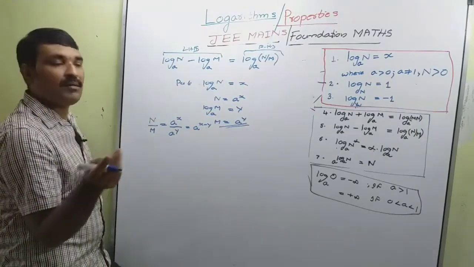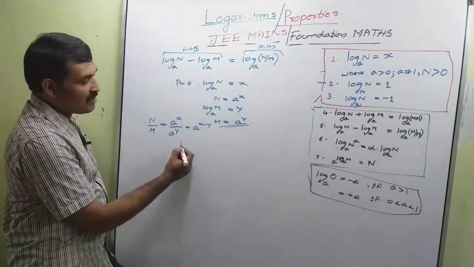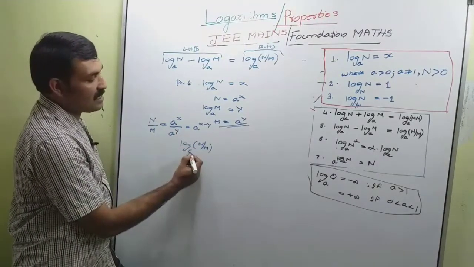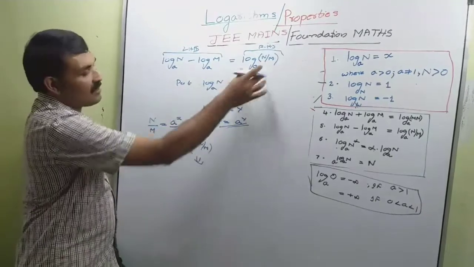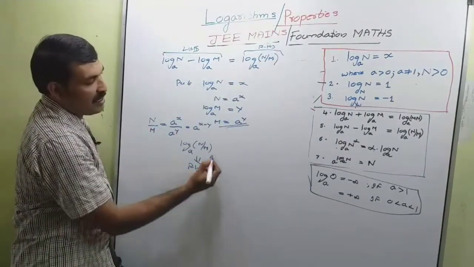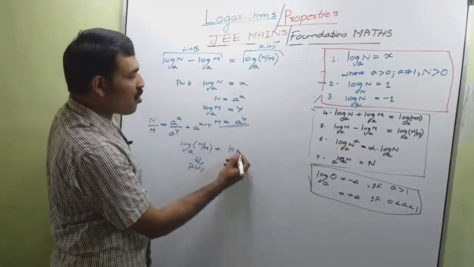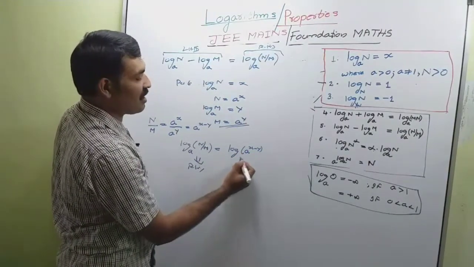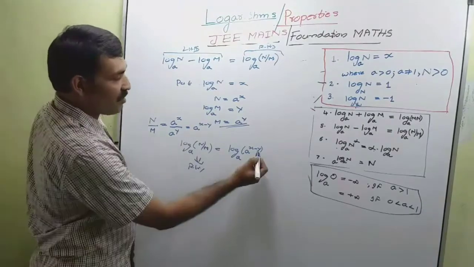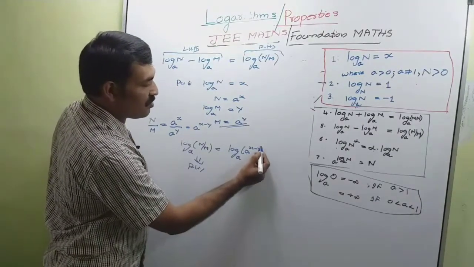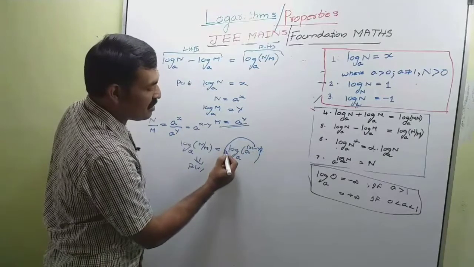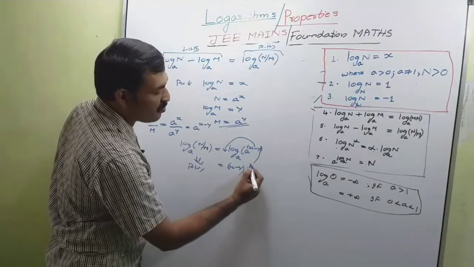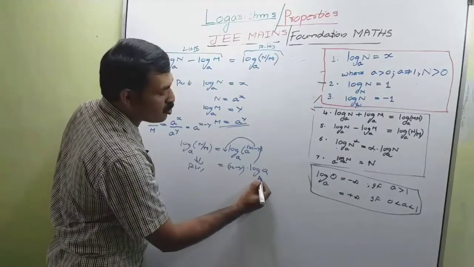Now take the log on both sides of this equation. That means log n by m to the base a, this is our RHS, is equal to log a raised to x minus y to the base a. Now, this will jump here. So, this is equal to x minus y into log a to the base a.